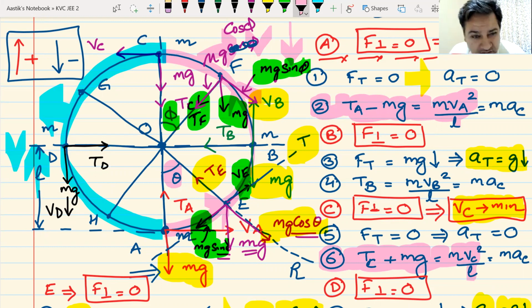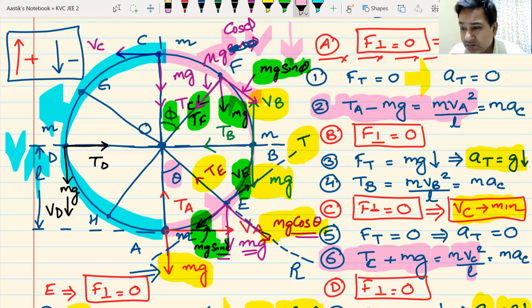What can you now say about tension at those two points? Can you say anything about tensions at those two points? At point A, can you say in terms of minimum and maximum? Obviously, you can find out the value of tension once you know the value of v. What happens to tension as you go from A to C?